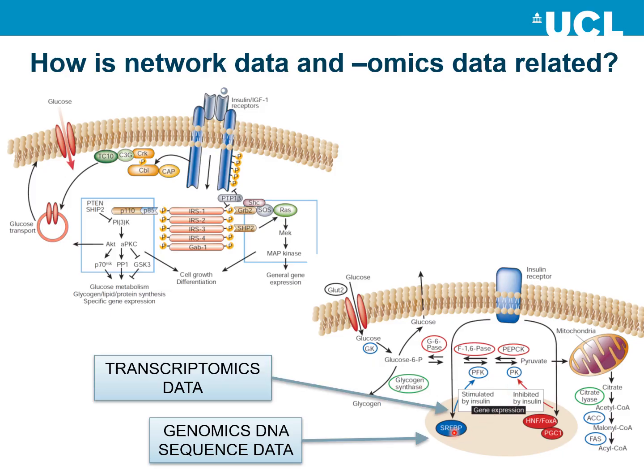So we've got a particular gene being transcribed, and that is our transcriptomics data. So this is the actual activity of that gene, how much of the messenger RNA is being expressed by that gene.